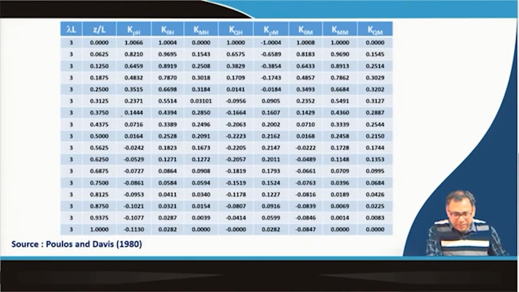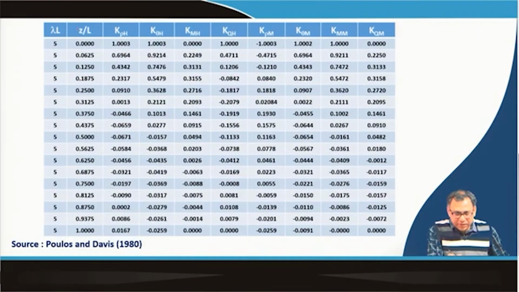So, this is lambda L is equal to 5. So, at lambda L is equal to 5, z by L or z equal to 0, K rho H is 1.003. So, this is 1.003. Okay. So, here we are calculating it for z equal to 0, but if we are using it for any z.